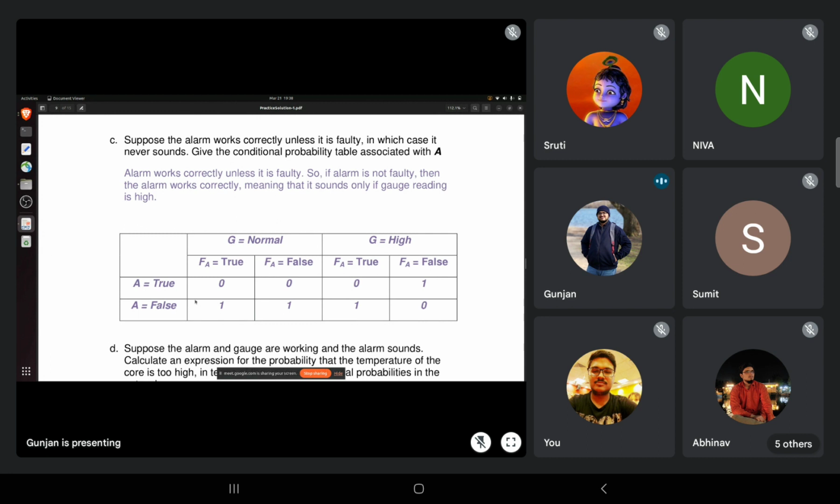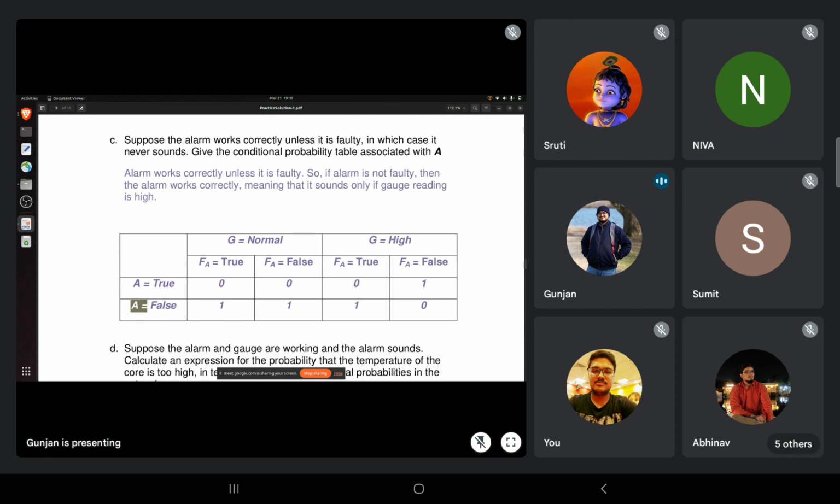These values, A equals true, A is false, will depend on whether the gauge is normal or not. If the gauge is normal, it will never go up. But if the gauge is high, that means the alarm should ring, right? But if the alarm is faulty, then it will not ring.